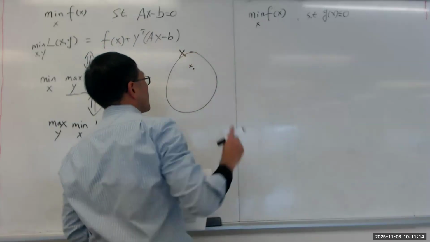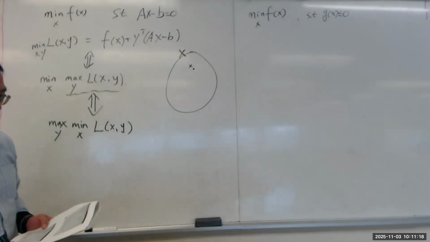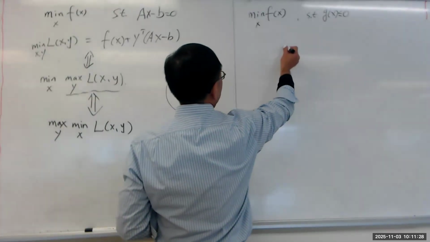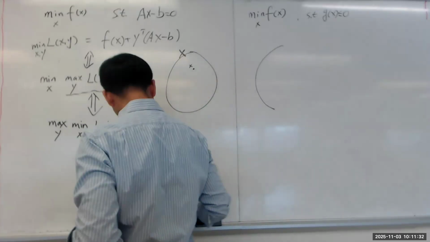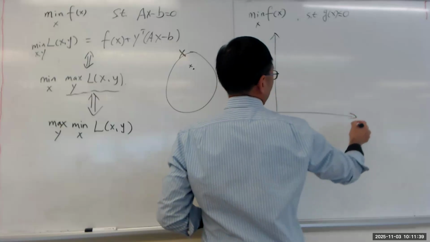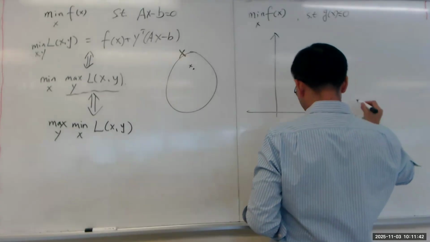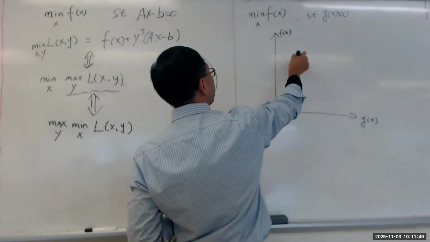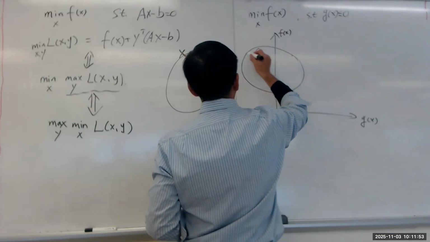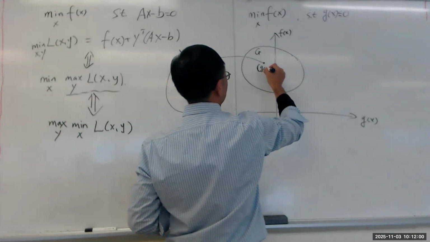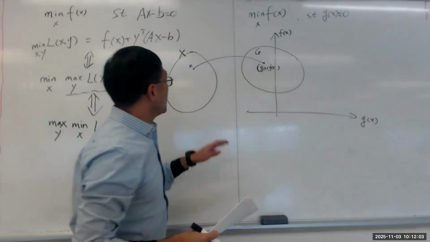For any value x in this feasible region, or not even the feasible region, for any x, we can project it into a space.